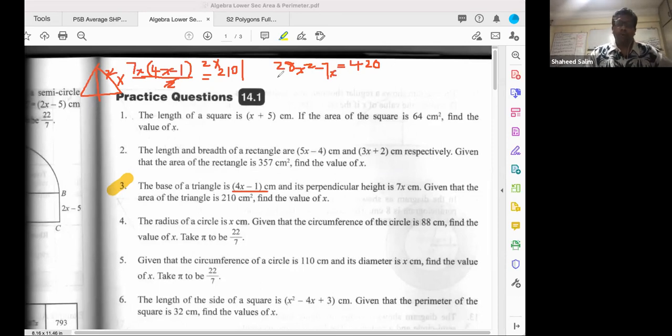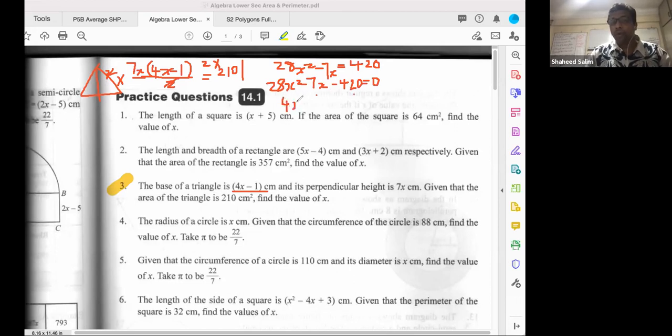You bring the 420 to this side. So when you bring it over, you get minus 420. Now what do you do? Make sure that you divide. All of them can divide by 7. So divide by 7, what do you get? 4x squared minus x, and 420 divided by 7 gets 60.